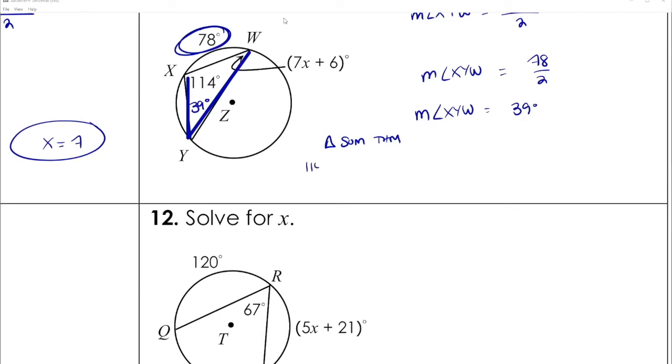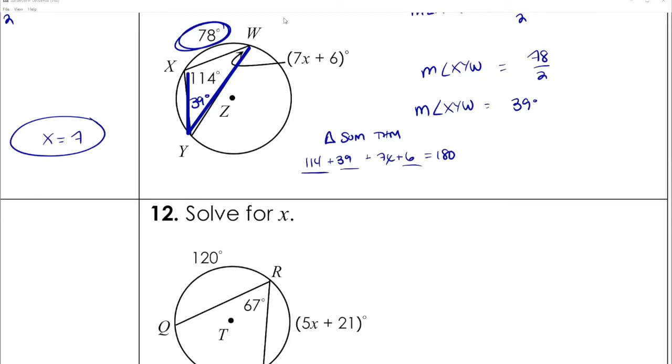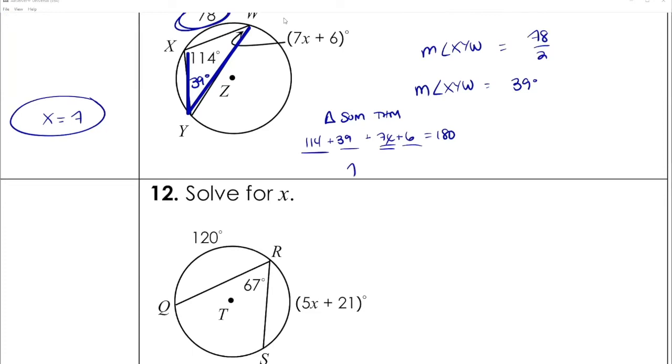Okay, so 114 plus 39 plus 7x plus 6 is equal to 180. The inside of a triangle adds up to be 180. So we're going to combine like terms. 7x plus 159 equals 180.